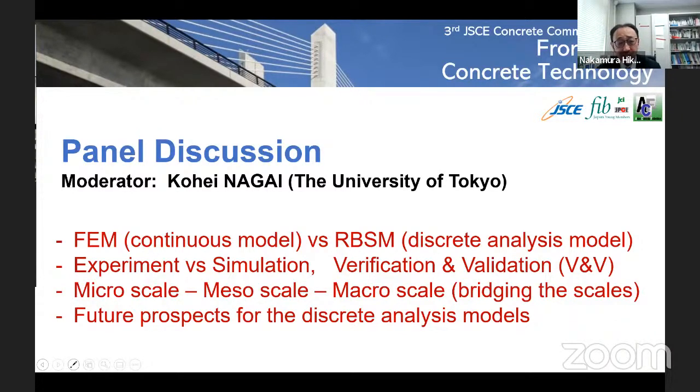My modeling scale of the element is usually 10 to 30 millimeters, the same size as the aggregate. So modeling the cracking at this size can succeed in modeling the cracking near the aggregate. Smoothly, we start from the mesoscale analysis and can go up to the macro scale analysis. That is a merit and a big first challenge of the RBSM.